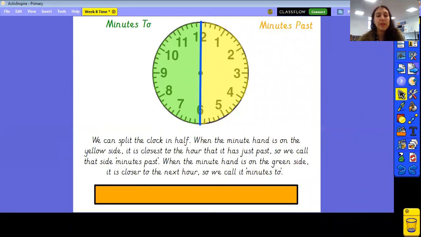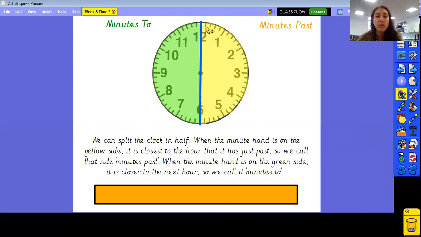So we can split our clock in half, and you've seen that with our o'clock and our half past marks. Down that line, we can split our clock in half. Remember, half means 2 equal parts. So when the minute hand, that big blue hand, is pointing to a number on the yellow side, this side here on the right, it's currently closest to the hour that has just been, so the o'clock.